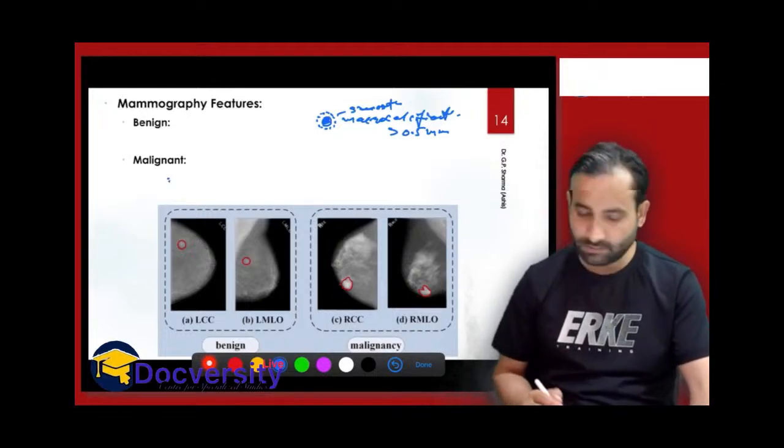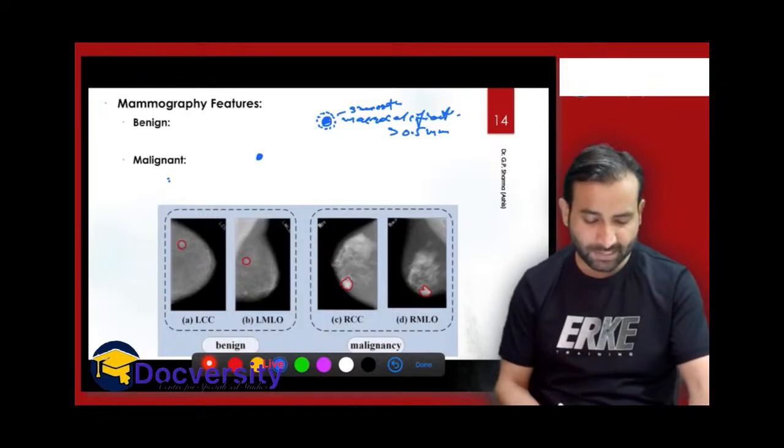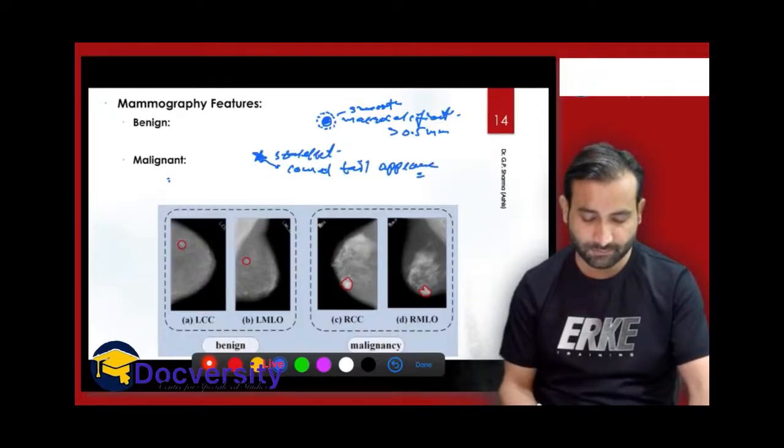Is that okay? And sometimes if it is malignant, what we see is that the calcification will be stellate, star-like, or maybe a comet tail-like appearance. What is this one? Comet tail-like appearance, right?